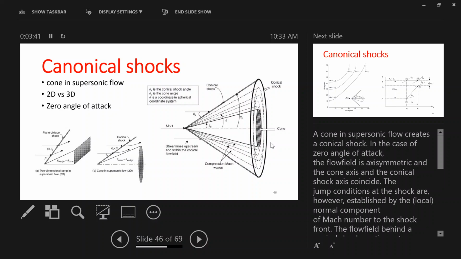We have theta C, which is the cone angle, and we also have theta, which changes from your cone angle to the shock angle, right? So in a conical shock wave, this is not just one value. It is not a constant value. It changes from the cone angle to the conical shock angle. Are there any questions so far?